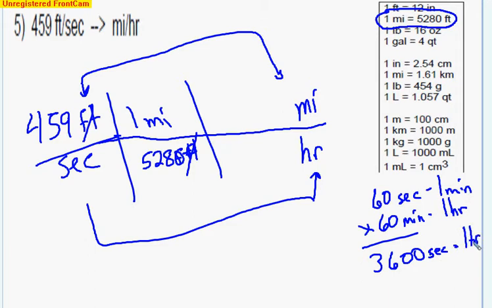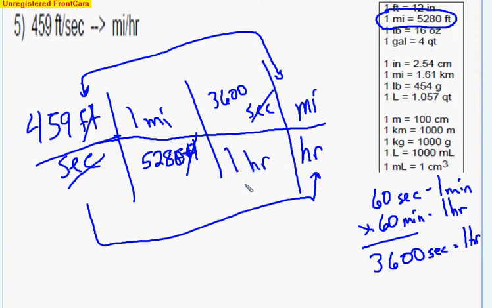So down here I want seconds on the top, so the seconds will cancel. So 3,600 seconds per 1 hour. And now if I look at it correctly, the units that I have left are my miles and my hours, right what I wanted to be at.